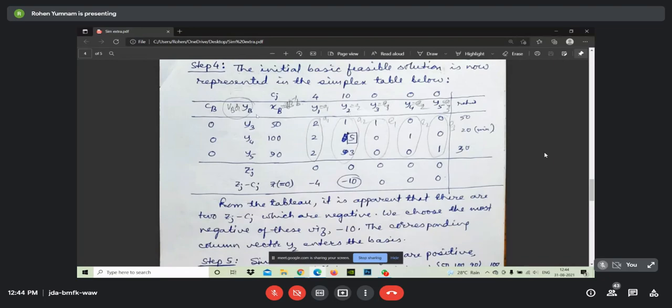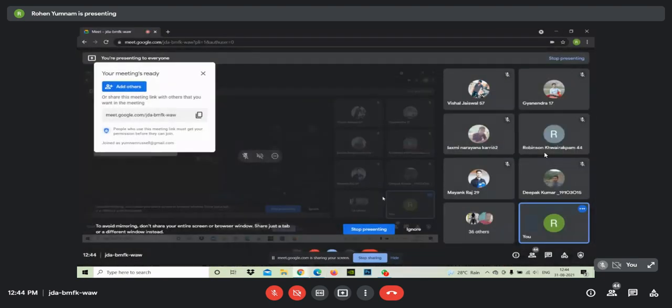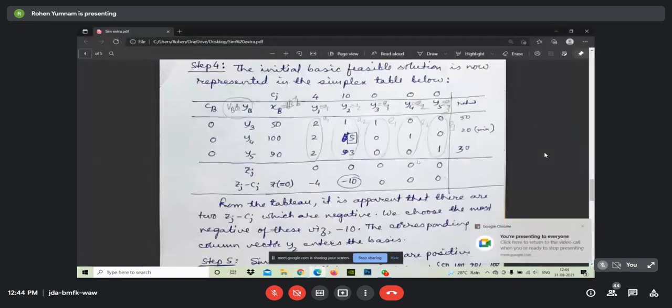Then next we have to modify this table. How is it to be modified? See, up to now what we have is that y2 will go here and it will replace y4. Then as y2 is going there, this will become part of the identity matrix again. It will be one of the E1 or E2 or E3, which we have to see.